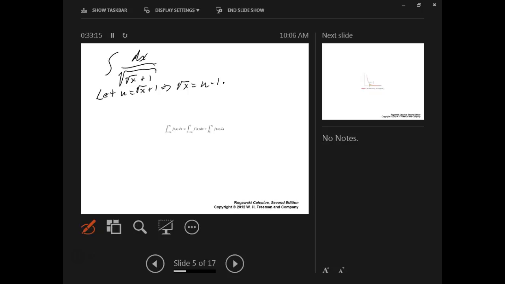And then that makes x equal u minus 1 squared. Right? Okay. Now here's why you do this. Because you see that dx has not got anything else with it, it's just dx.